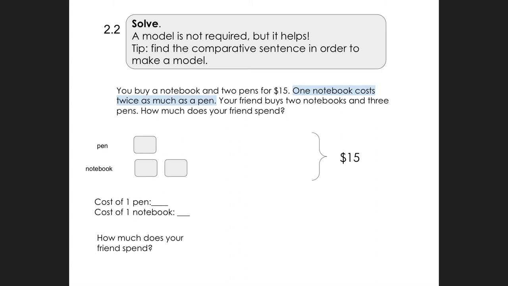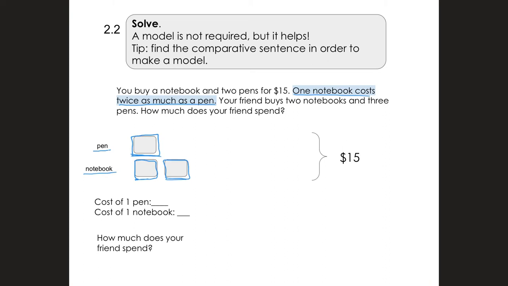The comparative sentence says one notebook costs twice as much as a pen. So here are my notebooks, here are my pens. My notebook costs 2 times as much as just 1 pen. So I made 2 rectangles for my notebook because it's 2 times as much or twice as much as just 1 pen.